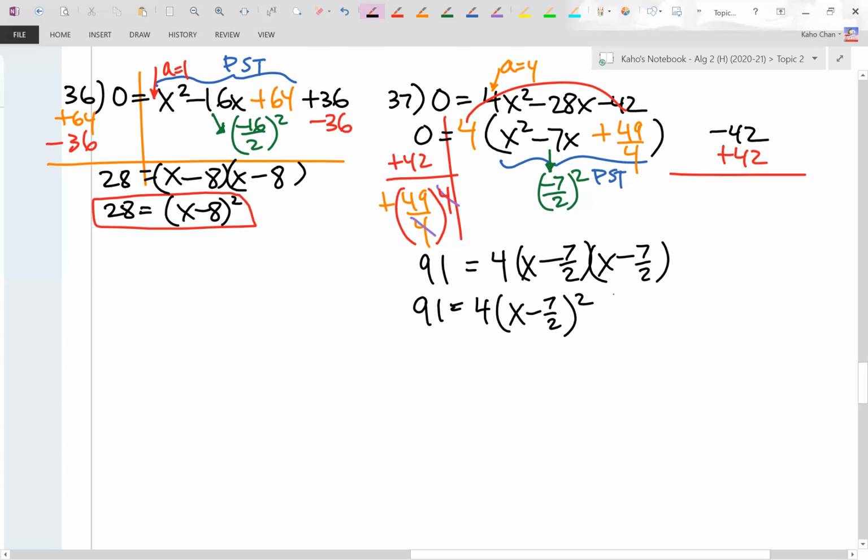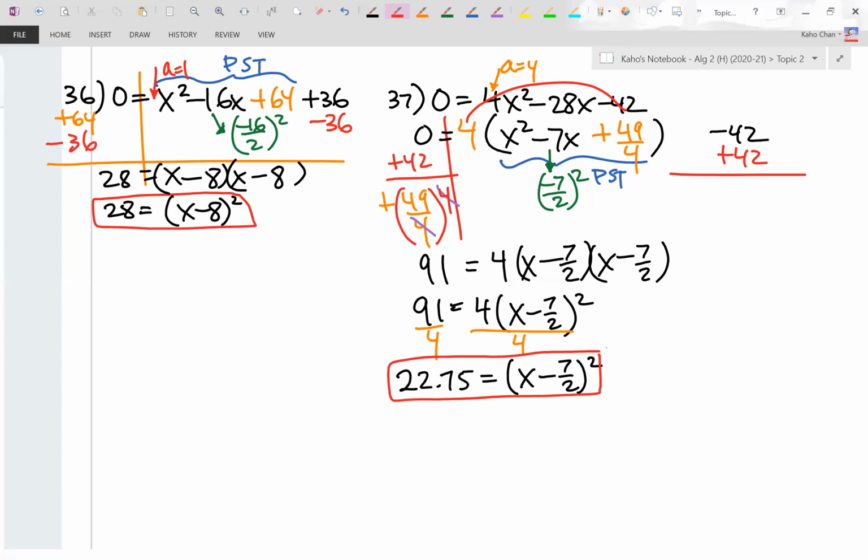Now, interestingly enough, they went ahead and divided by 4 to the other side. Ugh. So the final answer is, crazy, 22.75 equals x minus 7 halves squared. Okay? I know. Crazy. Oh, wow.